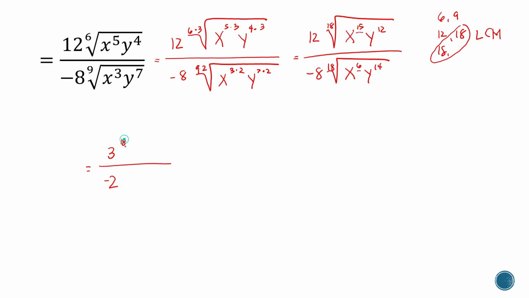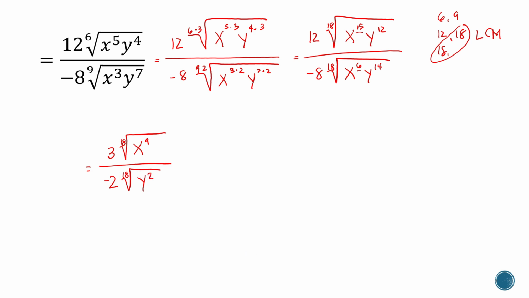So 18th root of x raised to 9. And then with y's, 14 minus 12, and that goes in the denominator, y raised to positive 2.